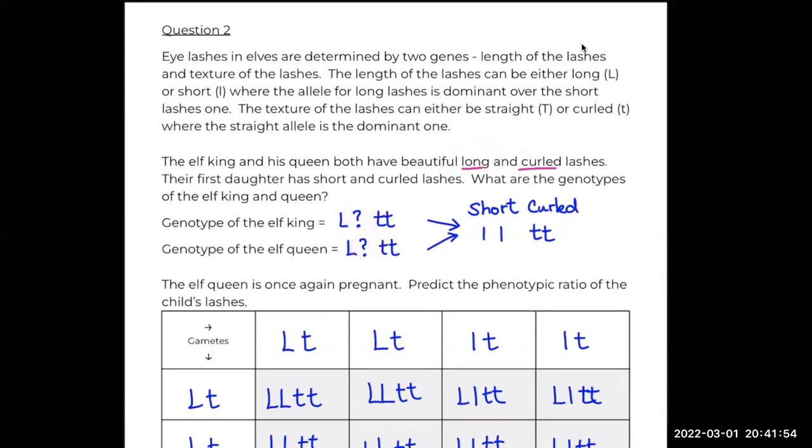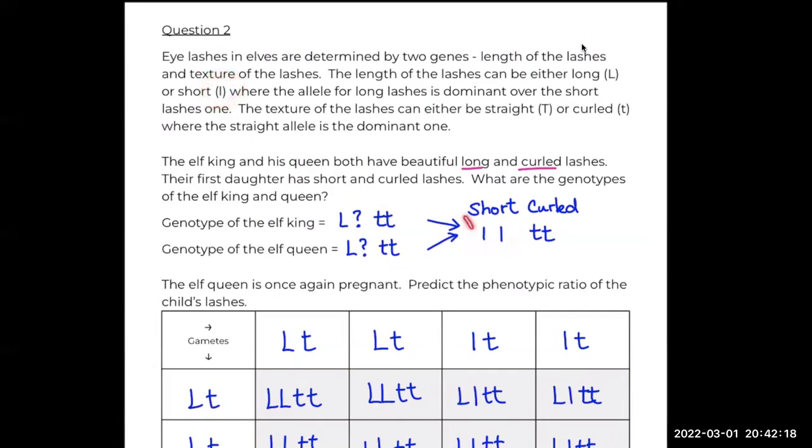However, we can actually figure it out by looking at the daughter's lashes. It says that the daughter has short lashes. So this is the daughter's phenotype and genotype, short and curled. To inherit short lashes, the daughter must inherit both of the recessive alleles for short.